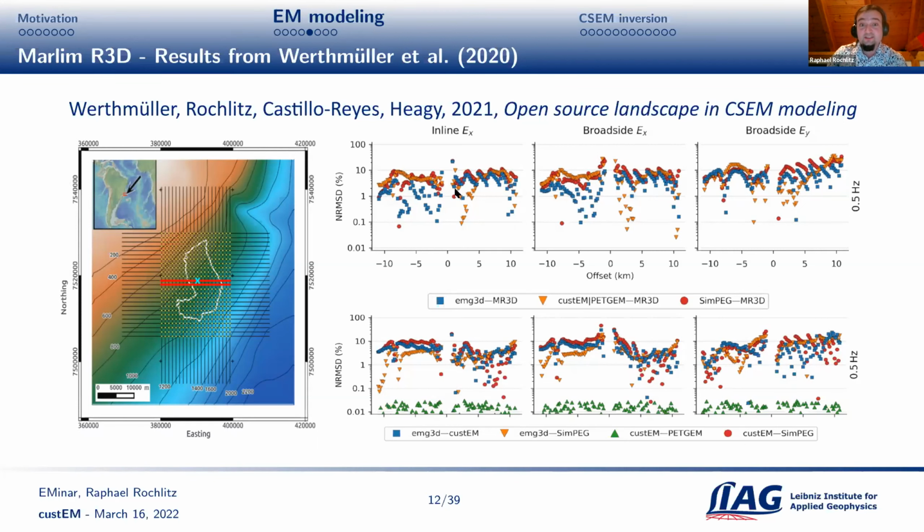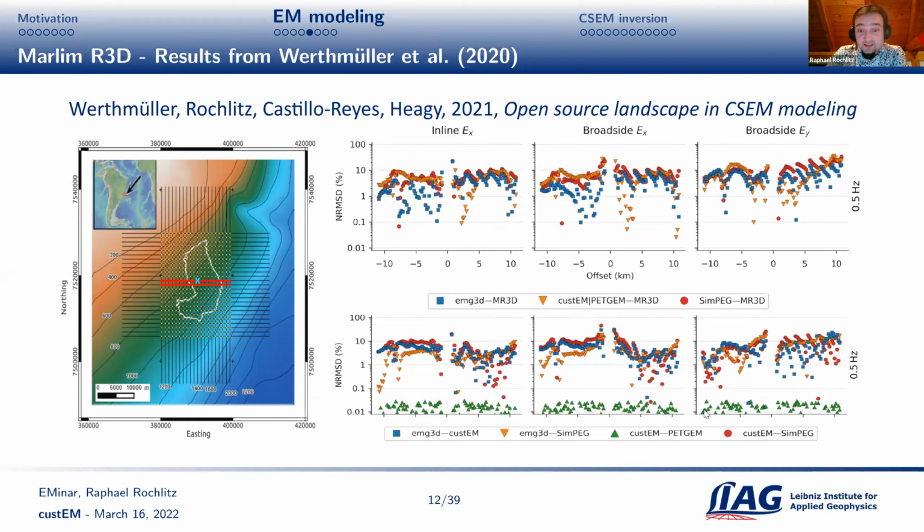And we also see that the SimPEG and EMG3D codes fit a bit better to each other, or show a more similar behavior than the unstructured tetrahedral discretization used for custEM TetGen. We also see that Octavio's and my results are quite similar.